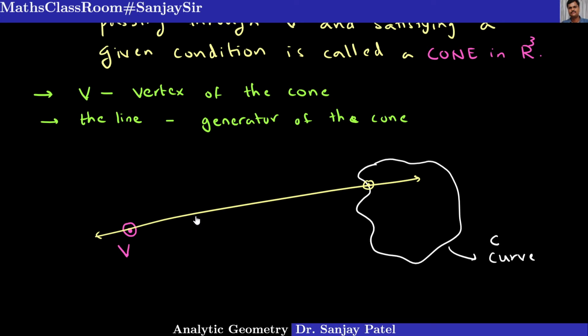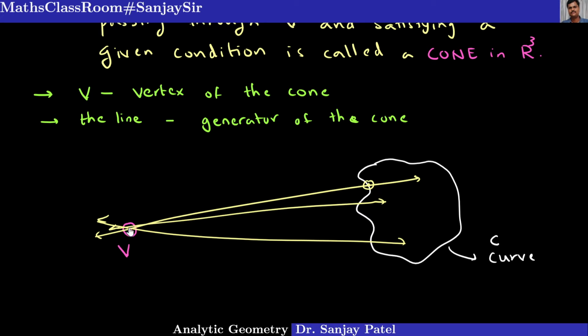Now we rotate this line in such a way that for every position of this line, it keeps on intersecting this curve and passing through the fixed point V. So like this, you will get infinitely many lines intersecting the curve.